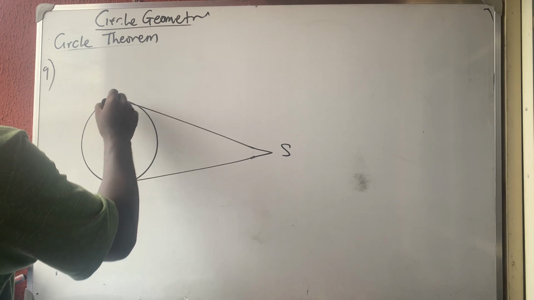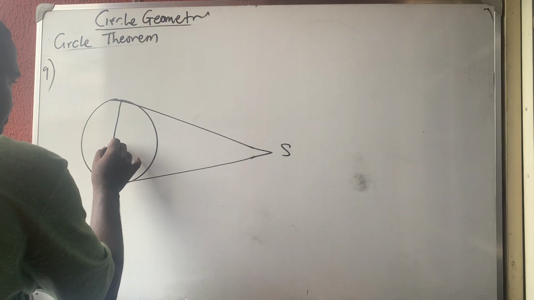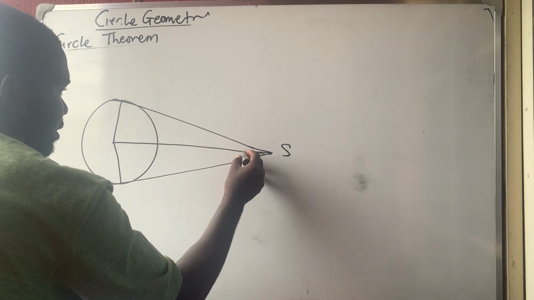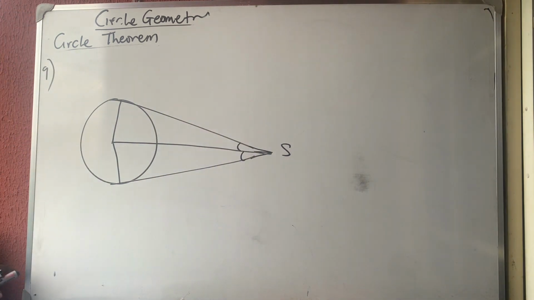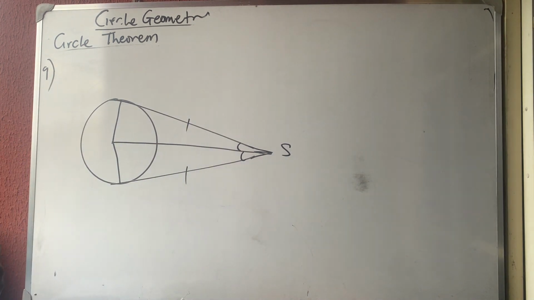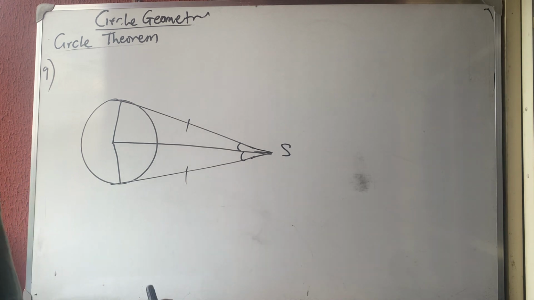From here to here is the radius, from here to here is the radius. The line that is drawn from this center to the point where they met bisects it. So here must be equal to here, and then this line must be equal. As simple as that. You need to note that, very important.